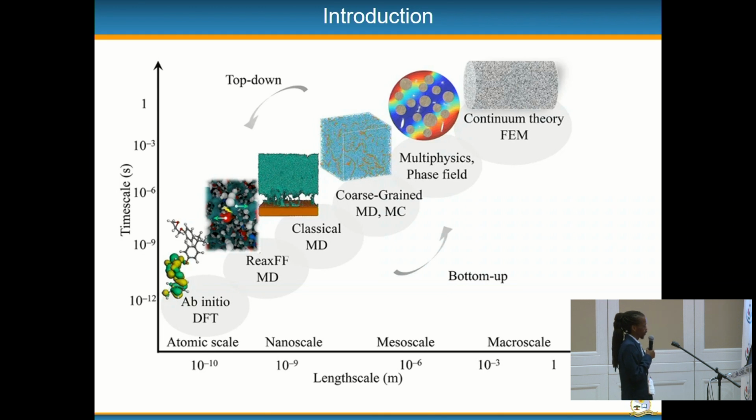So for our talk, we're interested in classical molecular dynamics because they allow us to handle a large number of atoms, and we can run for a longer time scale.